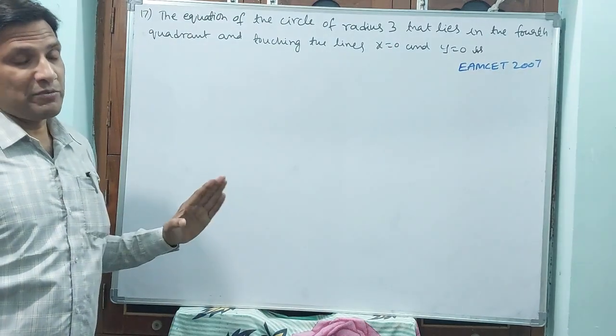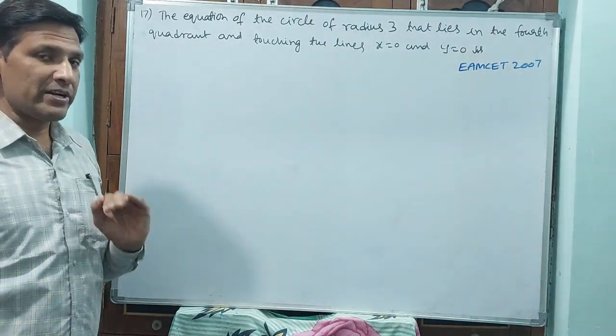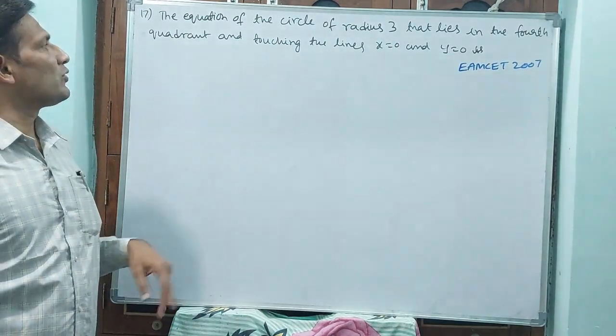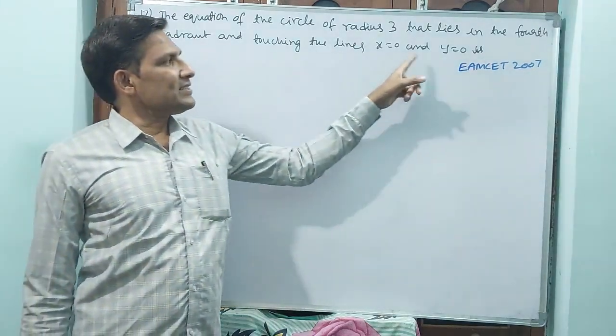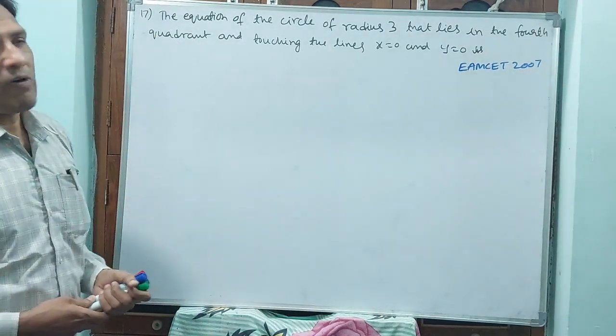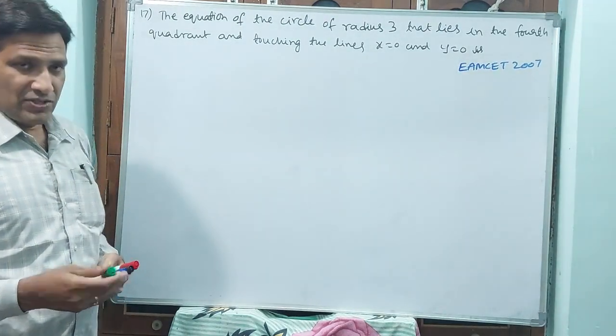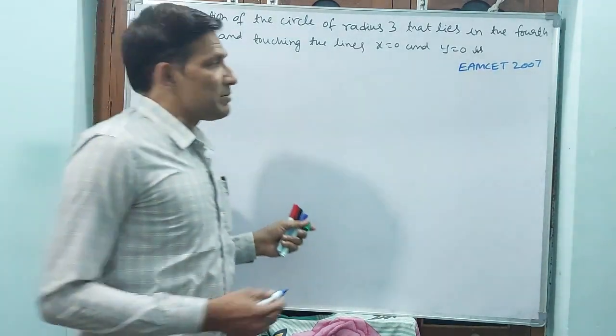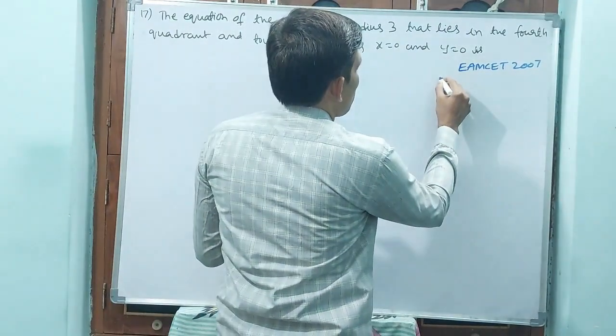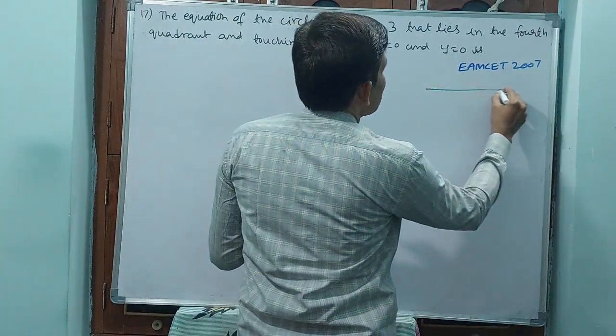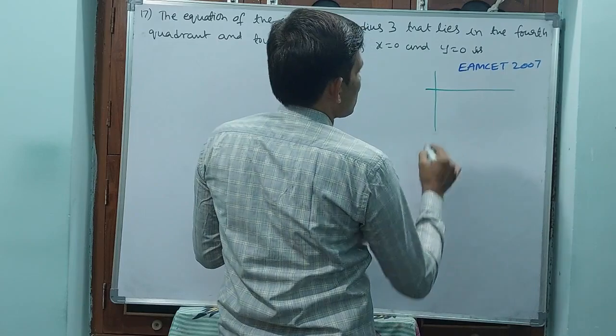Fourth quadrant means both the x coordinate and the y coordinate are positive, that also we know, touching the lines x is equal to 0 and y is equal to 0. What does it mean? The circle is touching them. Let me draw the figure. Rather than drawing the remaining quadrants, I will draw only the fourth quadrant like this.